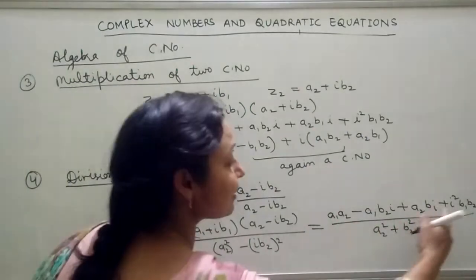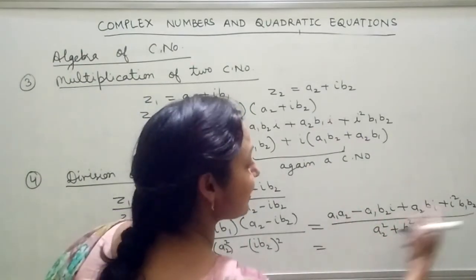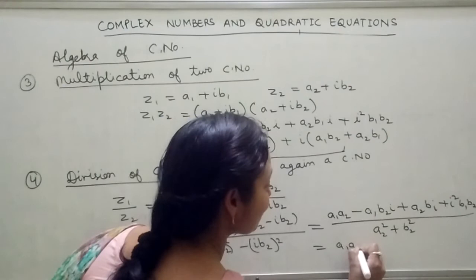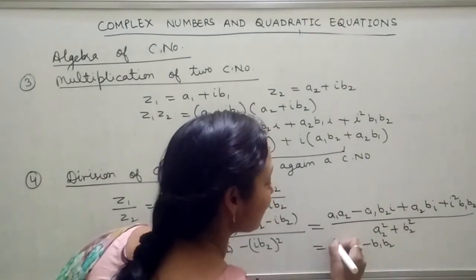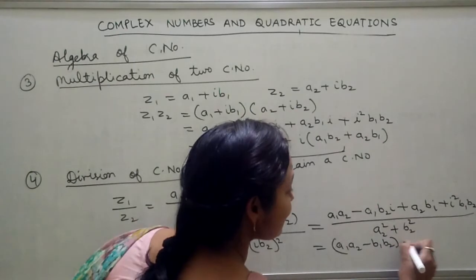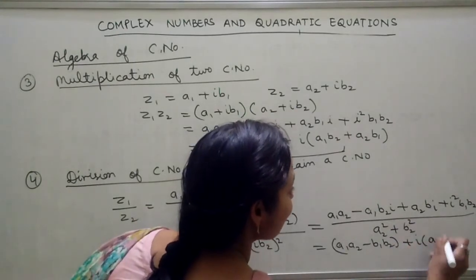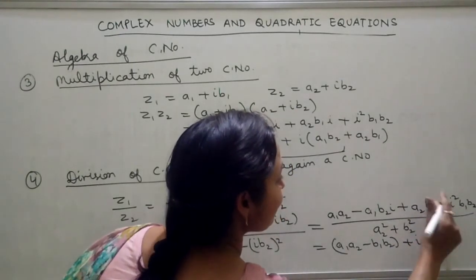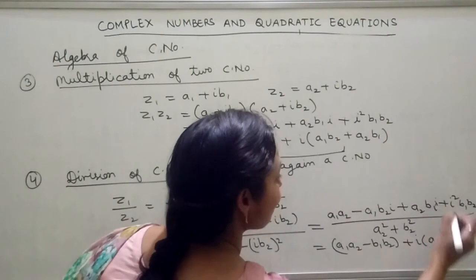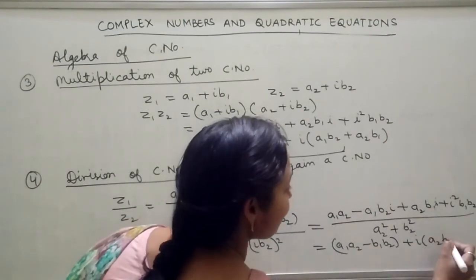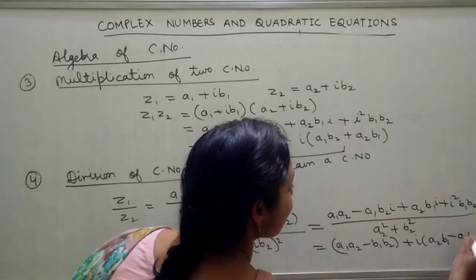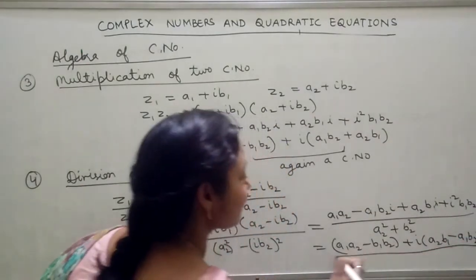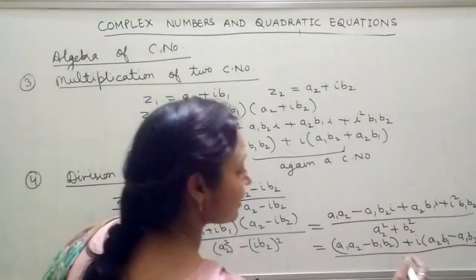In the numerator, iota square converts into a negative sign, so we get a1 a2 plus b1 b2, and taking iota common, a2 b1 minus a1 b2.